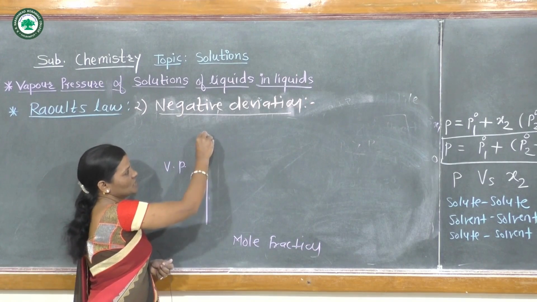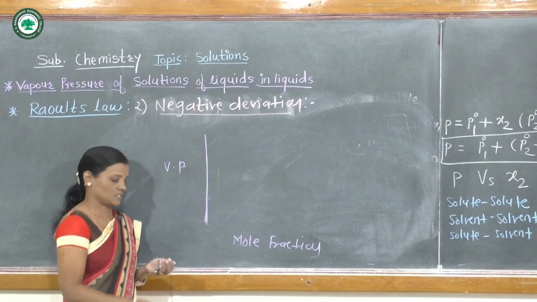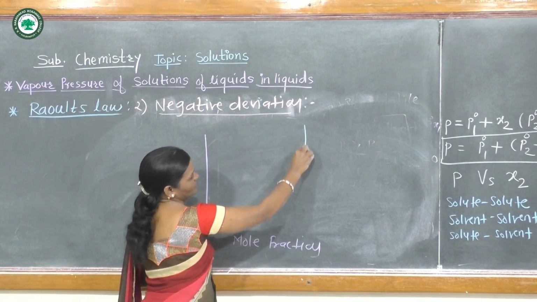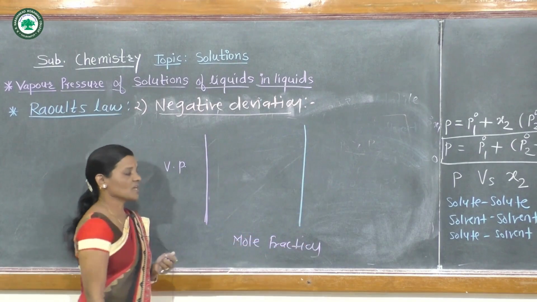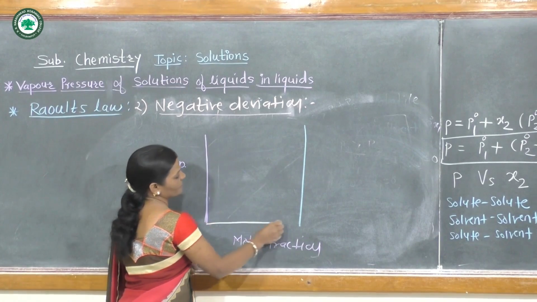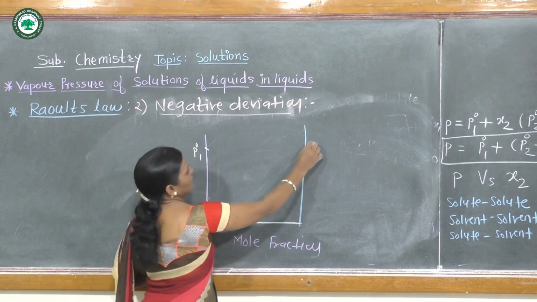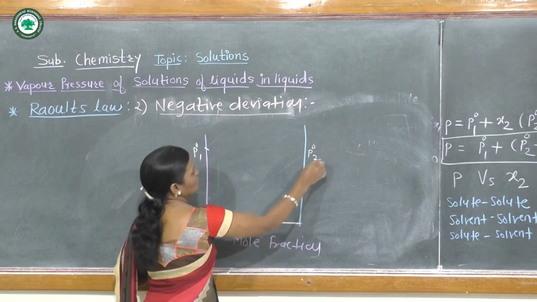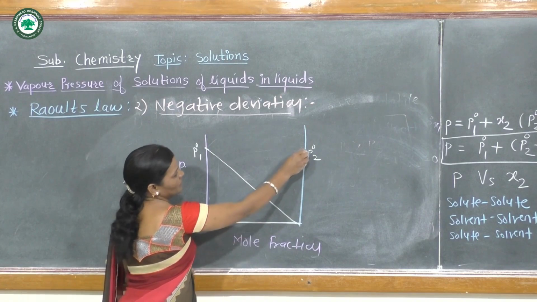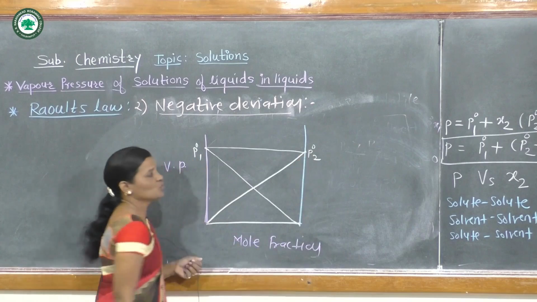Suppose this is the x-axis and here vapor pressure is considered on the y-axis. Now we have to consider a duplicate axis because the solution consists of two volatile components. Consider here again P01 and here P02. For an ideal solution, a straight line is expected. This is for the ideal solution.